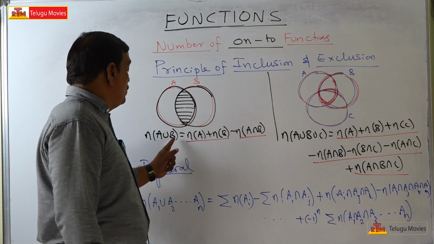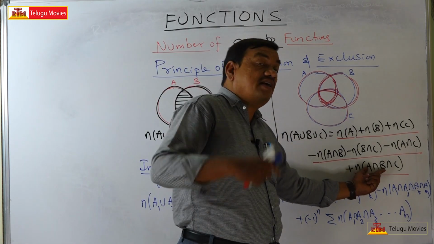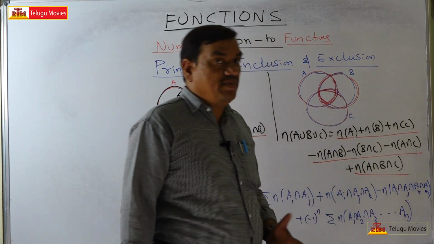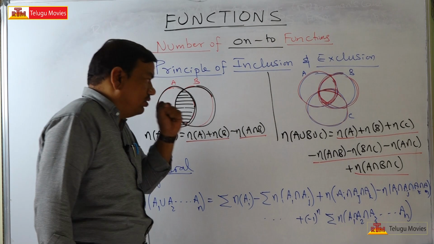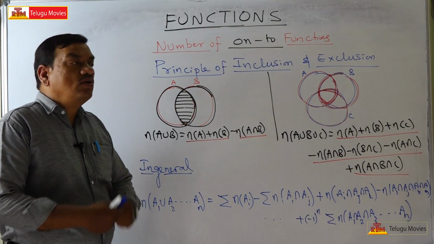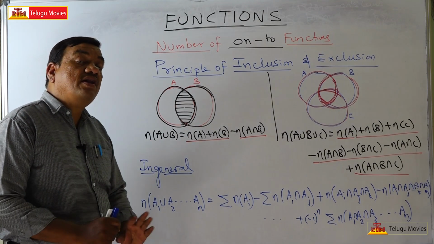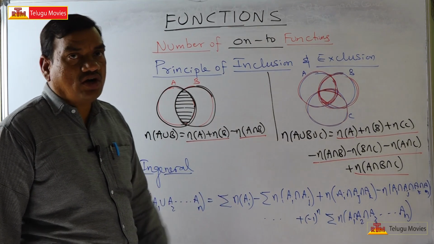So here only 2 sets are there in A intersection B, and here 3 sets are there in A intersection B intersection C. Okay. So if you know this principle of inclusion and exclusion, the proof of the number of onto functions will be very, very easy. So let us start this proof.